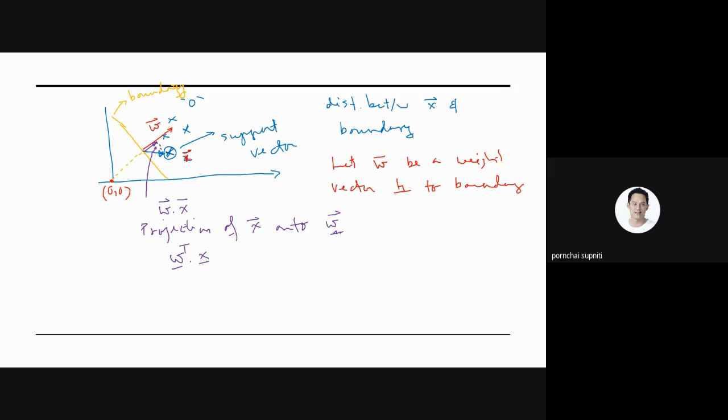So it's quite similar. So this will be the distance between the support vector and the boundary. So this thing is equal to the distance between the support vector x and the boundary.